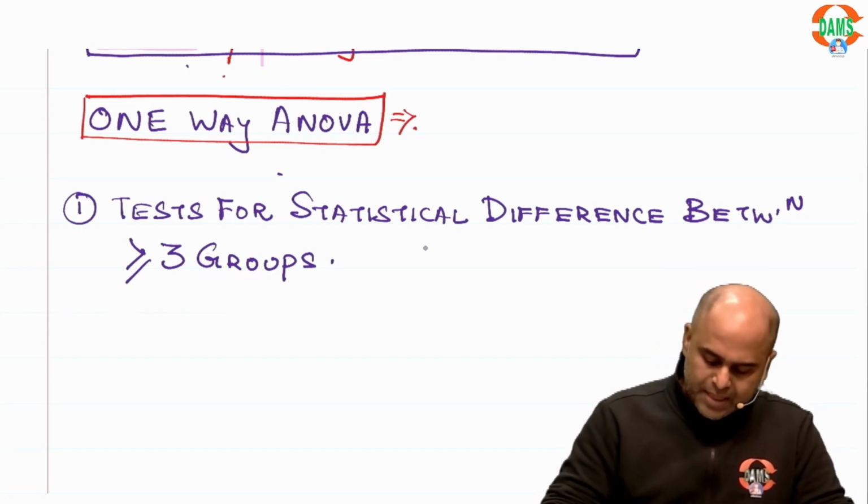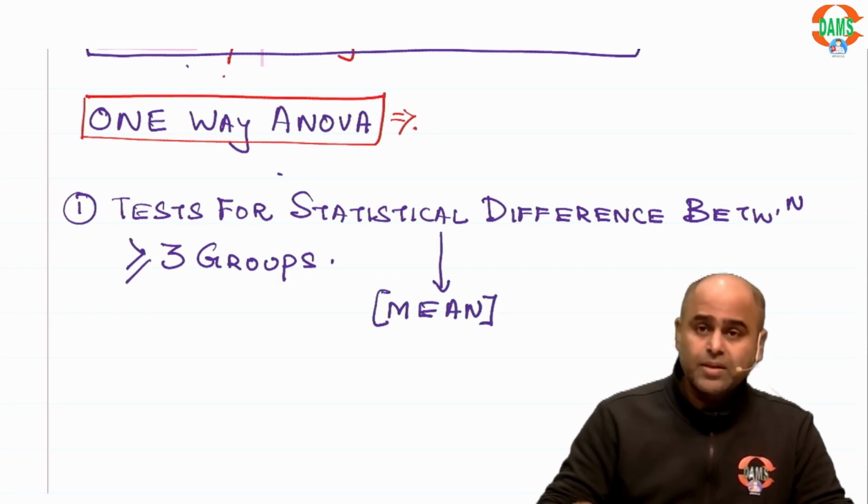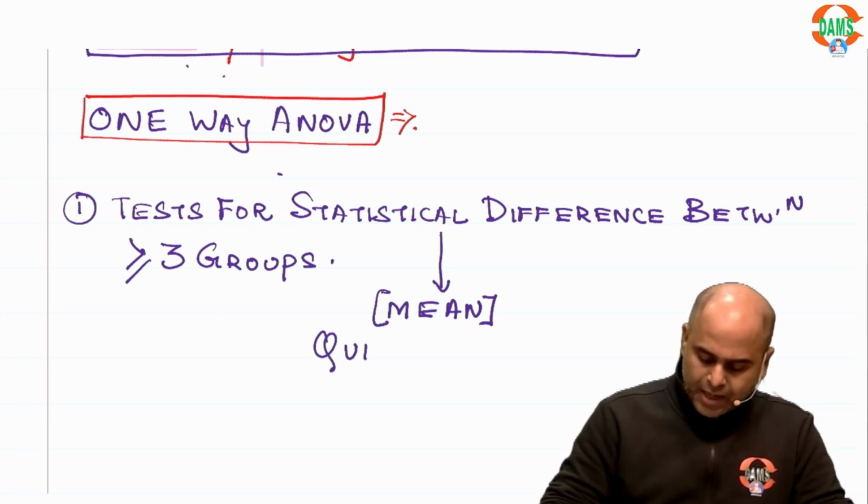So it would be using the mean parameter for comparison, because ANOVA is done when the output variable is quantitative data.